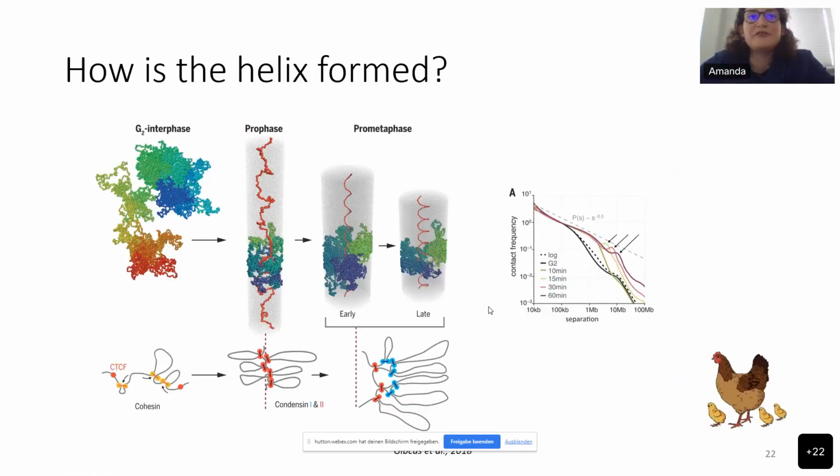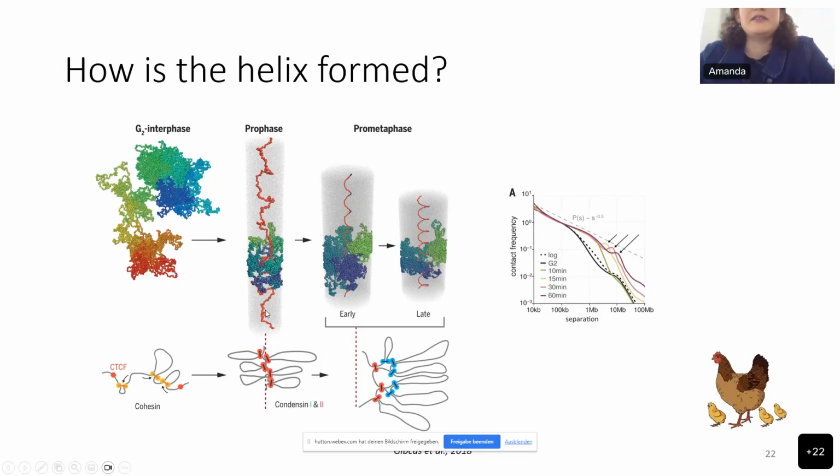And okay, so we were very confident after Hi-C data and microscopy indicating a helical conformation, and we wondered how this helix is formed. So in the work done with chicken, they proposed that this helix should be formed by a protein scaffold made of condensins 1 and 2.